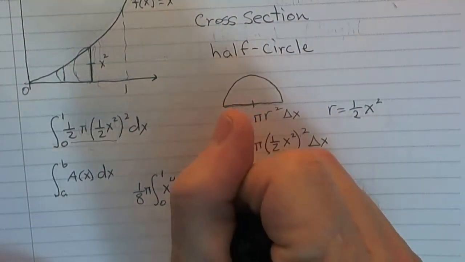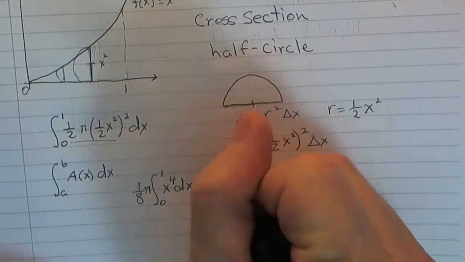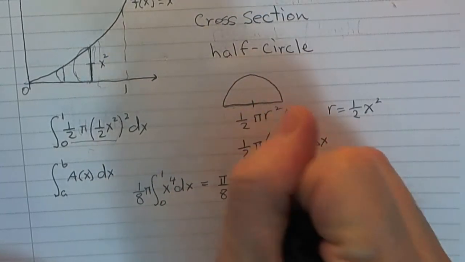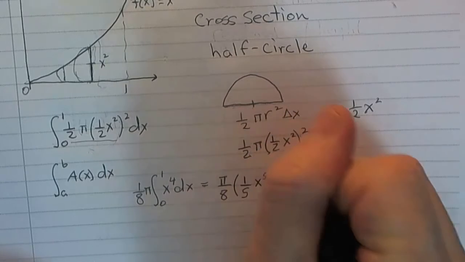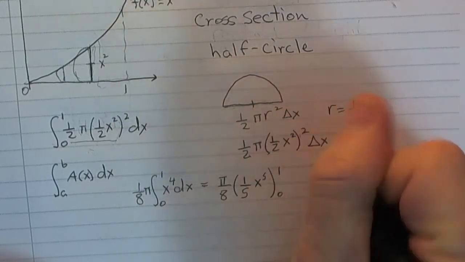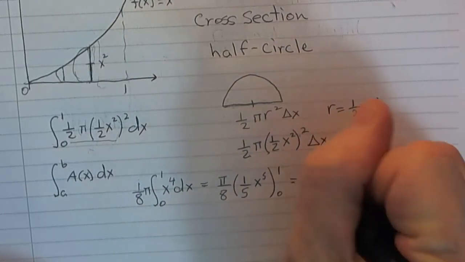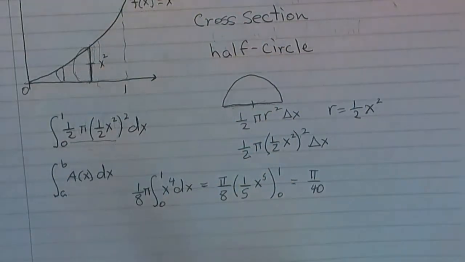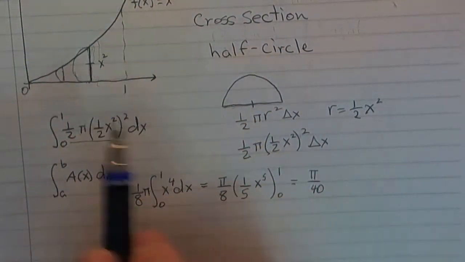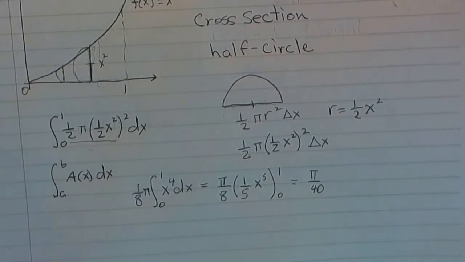So we have pi over 8 times 1/5 x to the 5th from 0 to 1, or that's pi over 40. So that would be the volume of that particular shape.